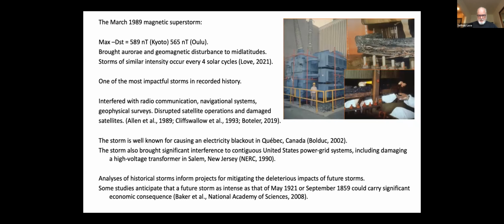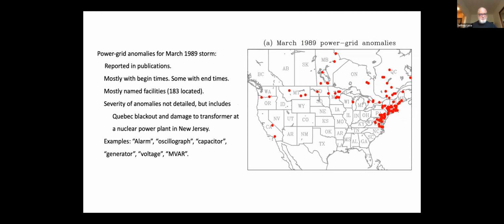And some anticipate that if another storm, say as intense as May 1921 or September 1859, which were actually quite a bit more intense than the 1989 storm, if such a superstorm like 21 or 59 were to occur again, it could have significant economic consequence.